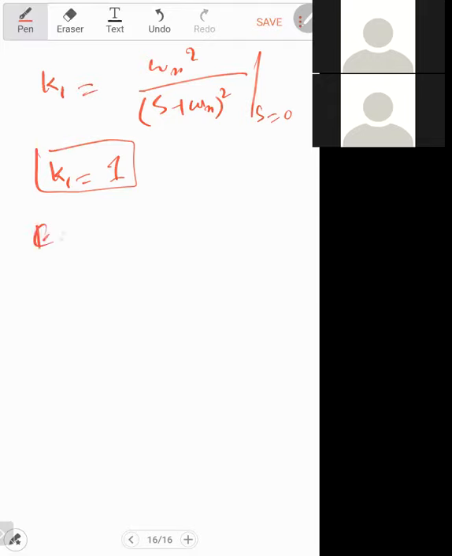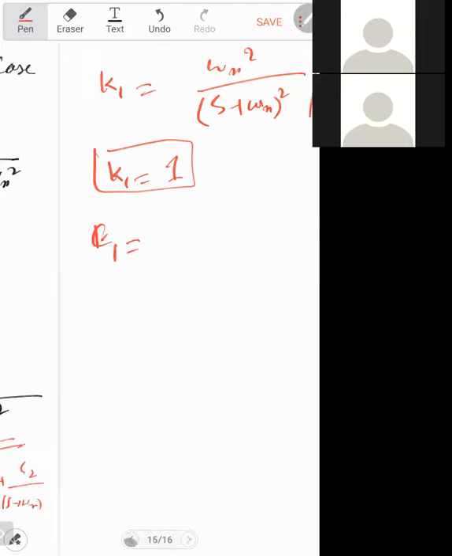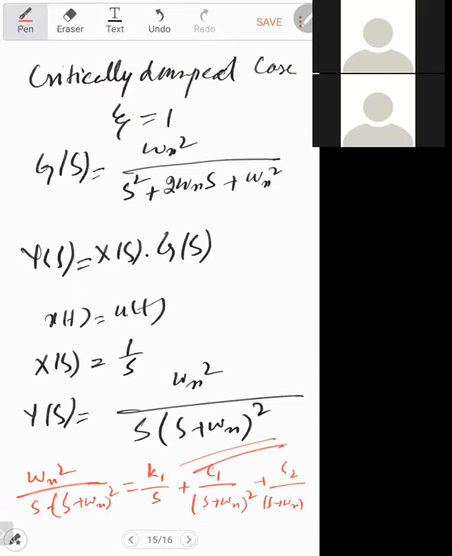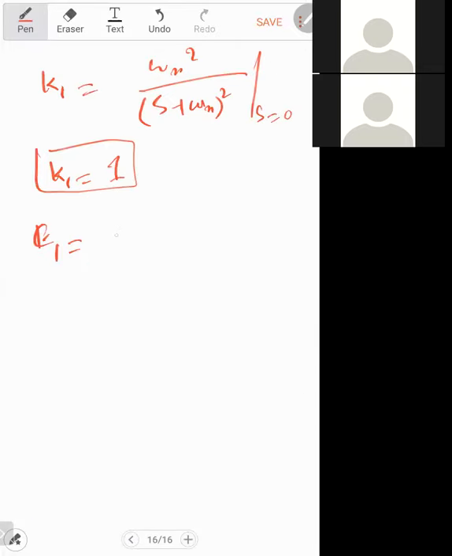To find c1, multiply both sides with the root, the denominator s plus omega n square. So you will get s plus omega n square multiplied by omega n square divided by s multiplied by s plus omega n square, and then you have to place s is equal to minus omega n.